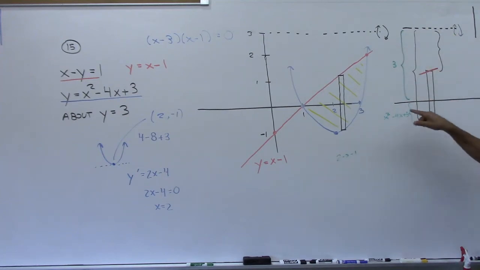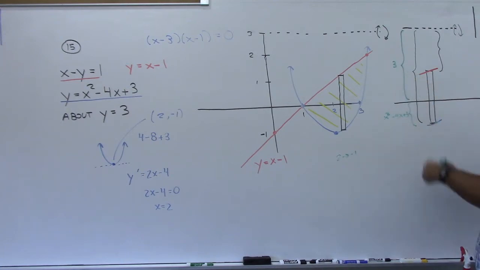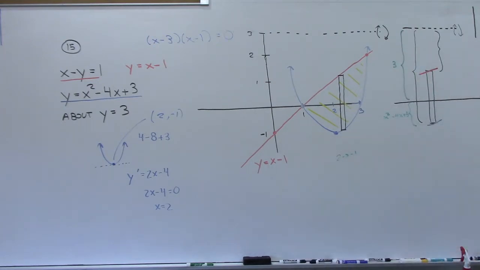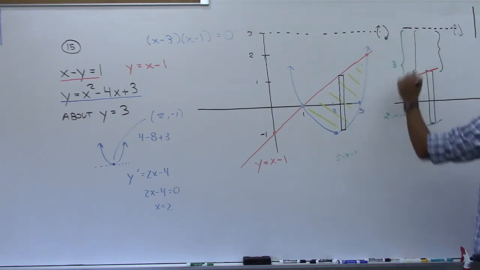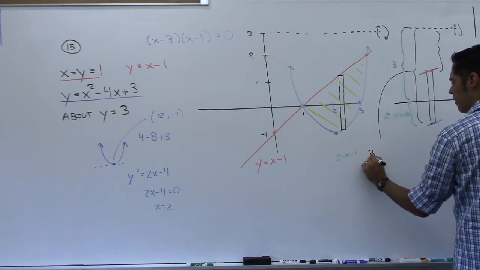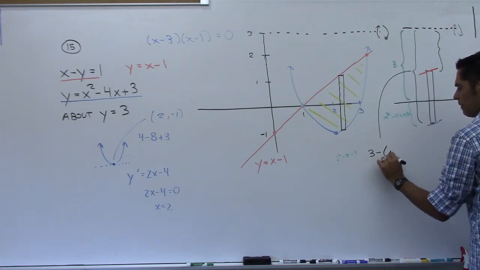So I need to actually subtract this from this to get the signs to switch. I know that's a confusing idea, but it's part of what makes this a little challenging, is you're looking at a distance as opposed to just the function's value. So this distance here should be 3, and then instead of plus this, minus this.